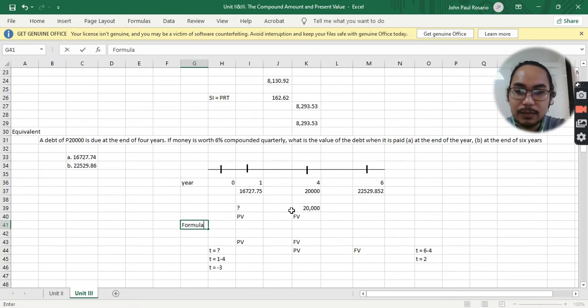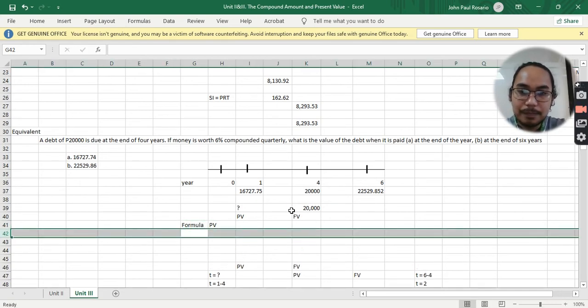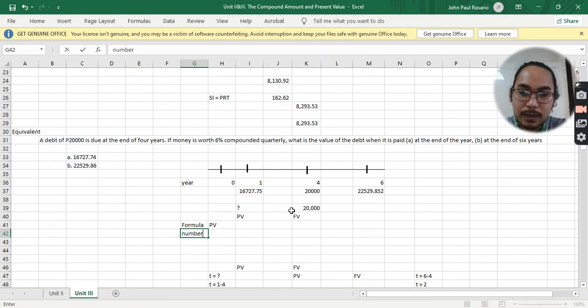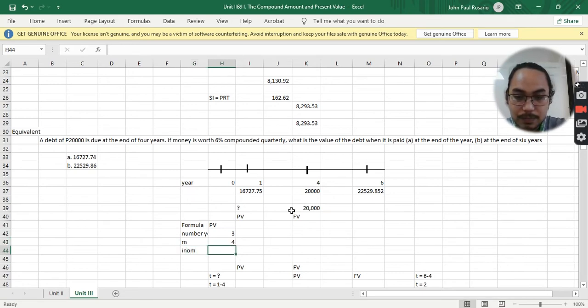So the formula would be PV. Number of years backwards, that's 3 years. M is 4, our rate is 6%. So our total N would be 3 times 4, that's 12.